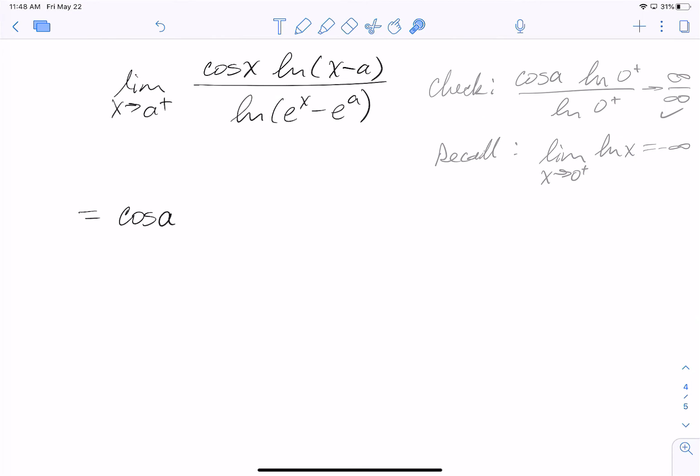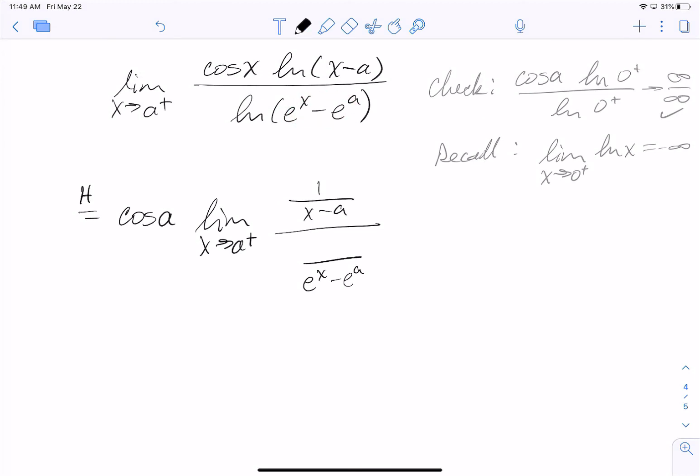Anyway, now we have the cosine of a times the limit as x approaches a from the positive side, and I'm about to apply L'Hopital's rule, of 1 over x − a, 1 over the argument for the natural log in the numerator, and then 1 over the argument for the natural log in the denominator, so 1 over e^x − e^a times the derivative of the inside function.